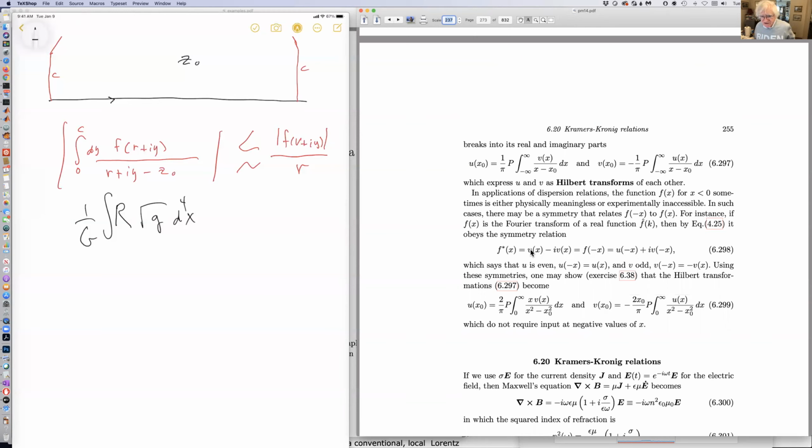And this tells us, looking at identifying the real parts, that the function u, which is the real part of f, is even, and the imaginary part of f is odd. And in that case, we can simplify these equations. This one being even means that we can just integrate over the right-hand side and multiply by 2.